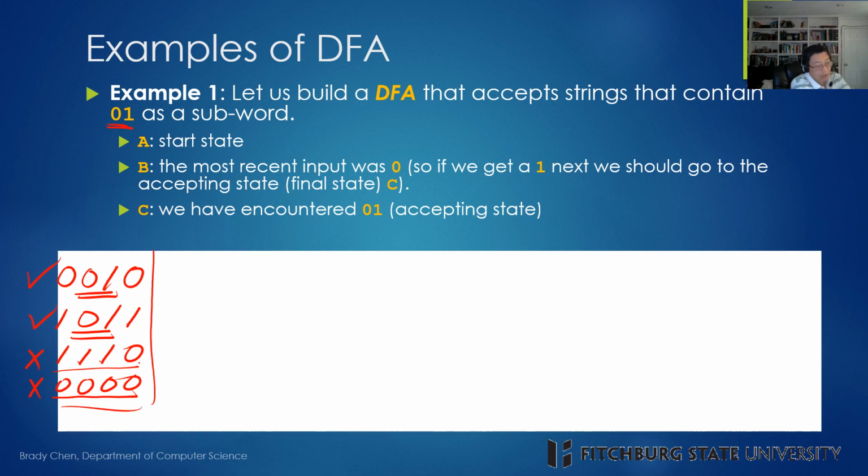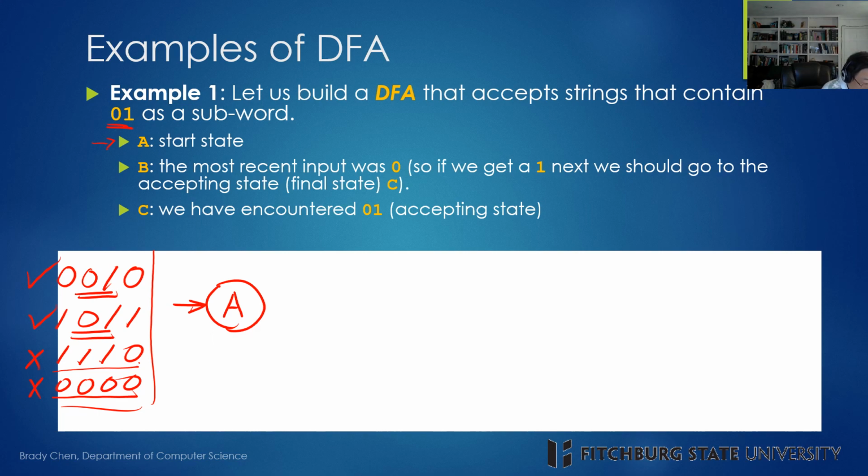Let's see how we can build the deterministic finite automata. Let's start with the start state A. The start state A will have an arrow coming from nowhere. Now, if the first input character is 0, let's look at the best scenario.